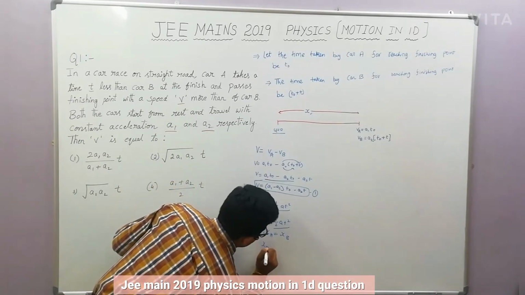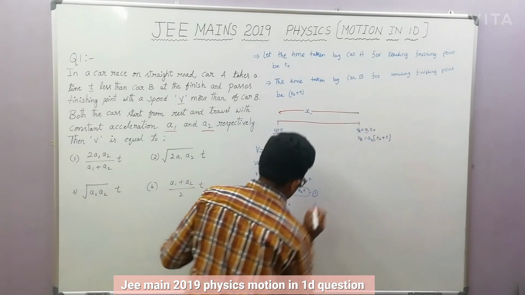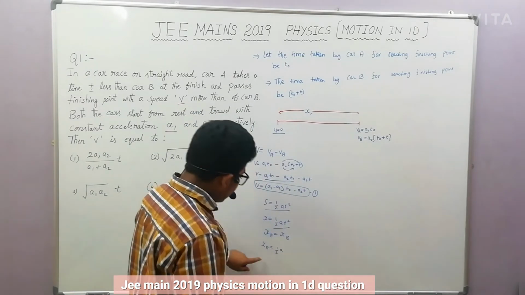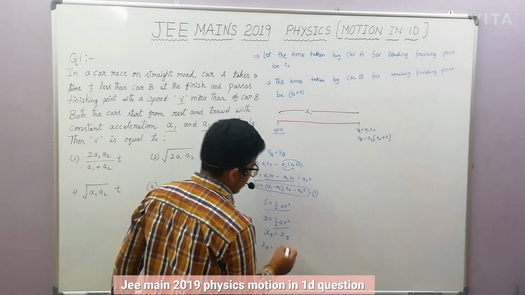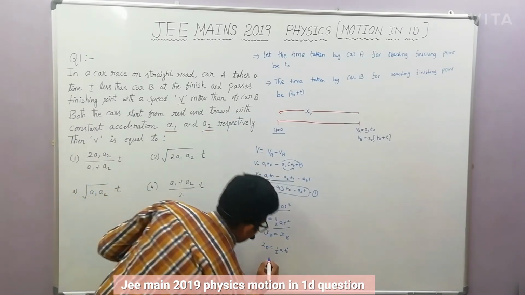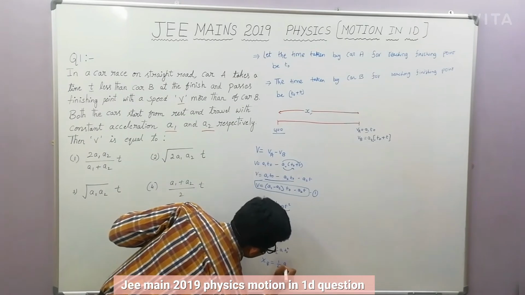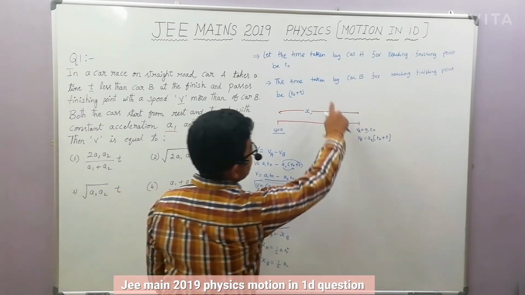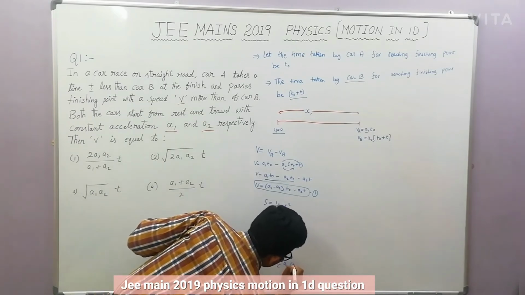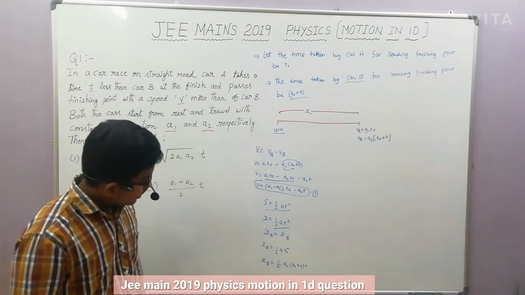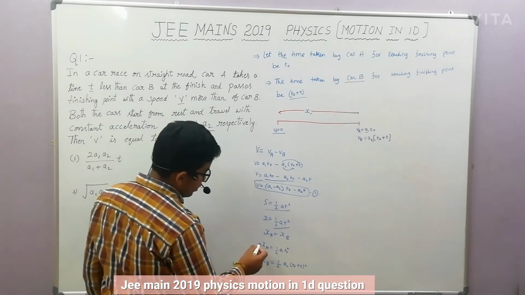XA is equal to half acceleration a1 into the time taken by car A, which is t naught, whole square. And the distance covered by car B is equal to half acceleration of car B, a2, and the time taken by car B is t naught plus t, whole square. So let's equate both.